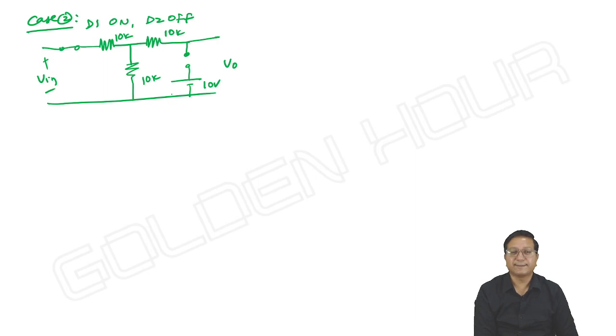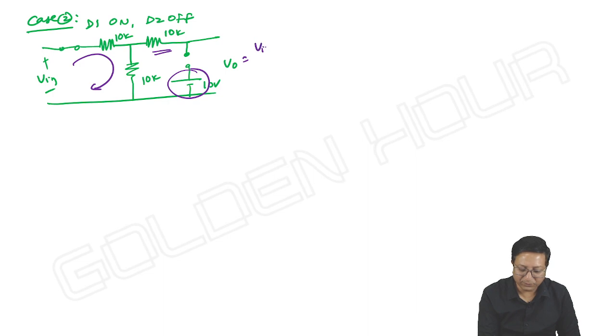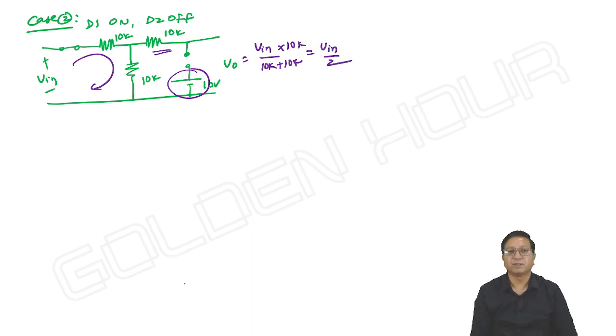So the equivalent circuit is this way. Now if you look at this circuit, the entire current flows in this direction only, and no current flows in the other direction. This 10 volts is in no way connected to the circuit. So what about output? Output is equal to V input by 10K plus 10K into 10K ohm. It is V input by 2. How long is this valid? Till the voltage at this point reaches 10 volts.